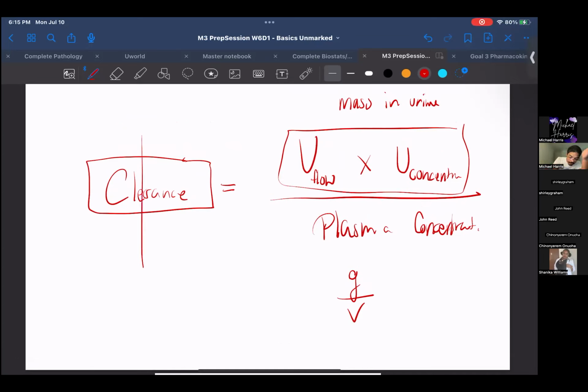Clearance is a volume because you do flipping of it. And as a result, you end up having volume on the top. Okay? So clearance is how much volume is cleared of a mass. Does that make sense now?